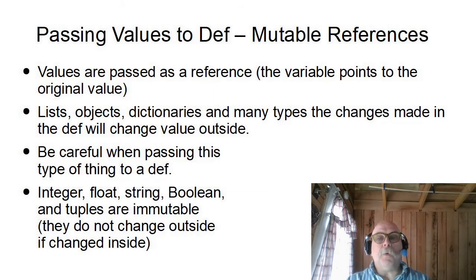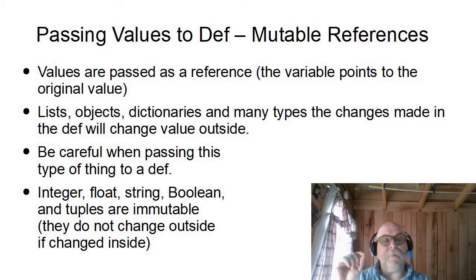As I said before, values are passed to a definition by reference. So if you use a variable in the definition, when you're calling the function, the content of that variable is sent. There are a couple of different types of variables that are being sent: lists, objects, dictionaries, and many other types, classes and such.